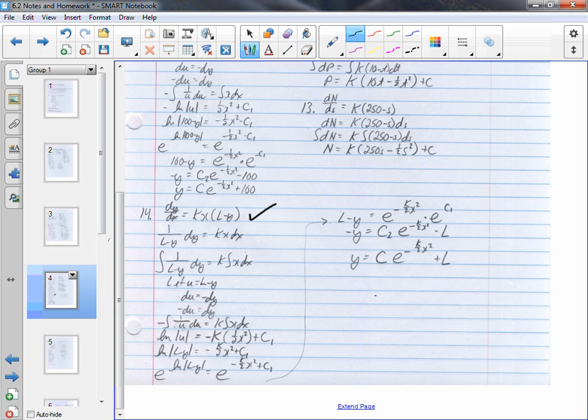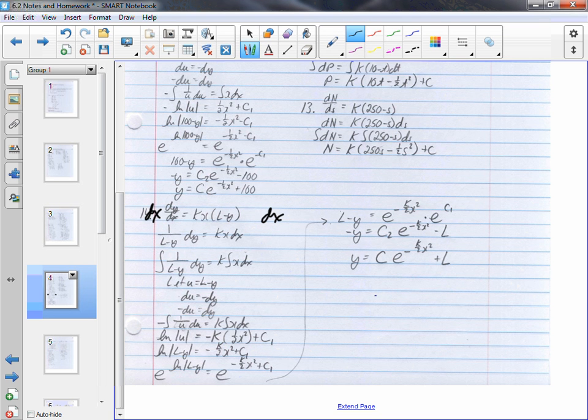But once we have it, let's be able to do the rest of it. We've written the differential equation. Now let's solve it. Let's separate the variables. I need to multiply both sides by dx, so that gives me an x and a dx on the right.